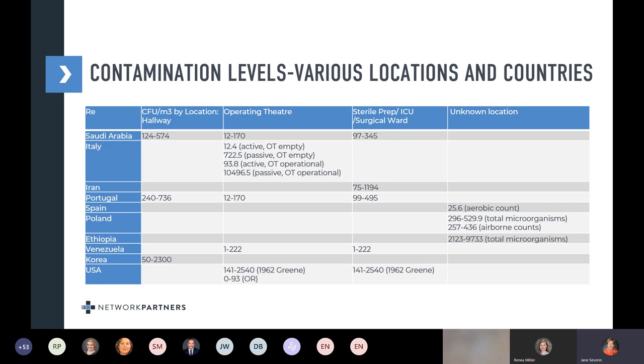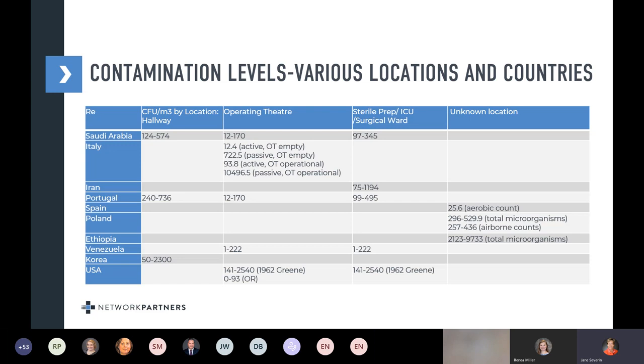This chart is a result of a literature search that was intended to find out the contamination in hospitals. And so the axis on the left is country in the world, and across the top is actual area in the hospital. And this data is very difficult to get at because hospitals tend to keep that close to the vest.